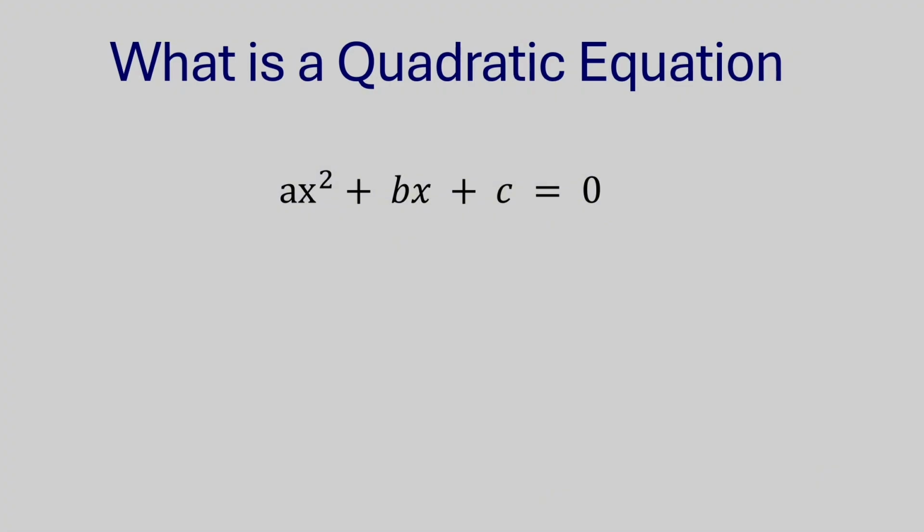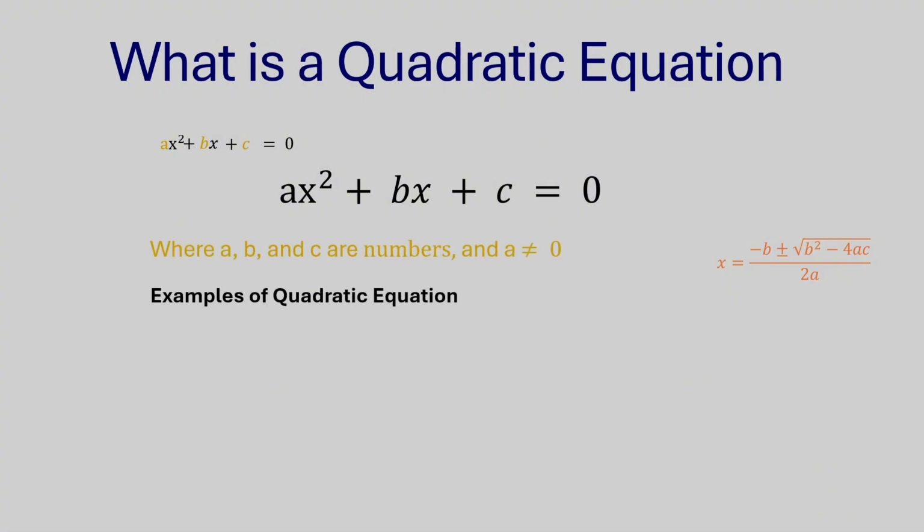So here you see the equation ax squared plus bx plus c is equal to 0, where a, b, and c are numbers. So whatever values you have for a, b, and c, you will always have a solution.